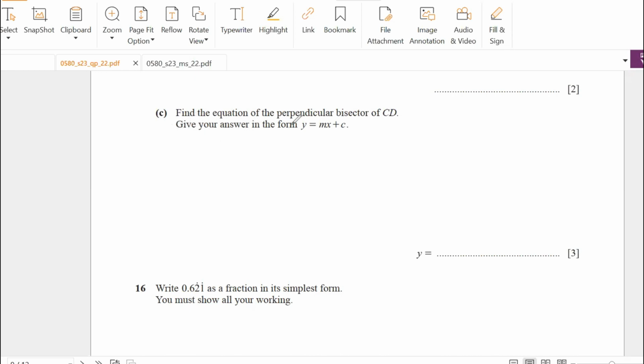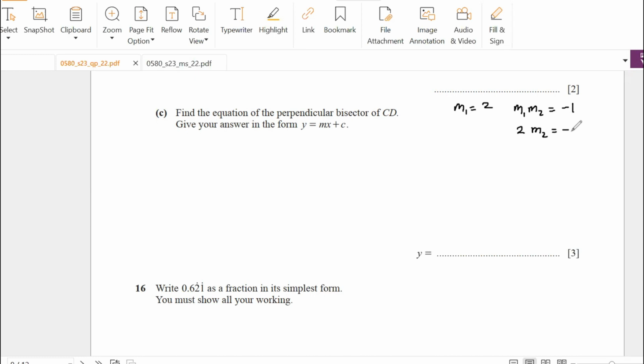Part C: find the equation of the perpendicular bisector of CD and give your answer in the form. We already know from the previous part that our gradient m1 is equal to 2. Remember that when two lines are perpendicular to each other, their gradient product m1 times m2 is always equal to -1.